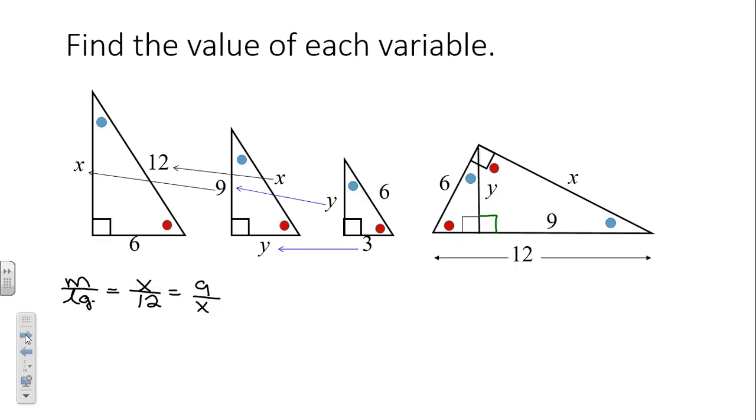So when we cross multiply, we get what? 108 is x squared. If 108 is x squared, is there a perfect square in 108? That's even again. 27.